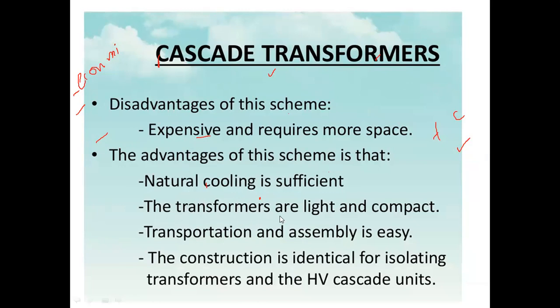The transportation is light and compact. Because now a single unit is divided into three identical units, definitely the size will be reduced, and it will be lightweight. Transportation is easy, and assembling is easy to make connections, and the construction is identical for the isolating transformer and HV cascade units.